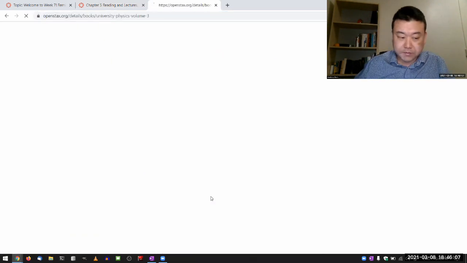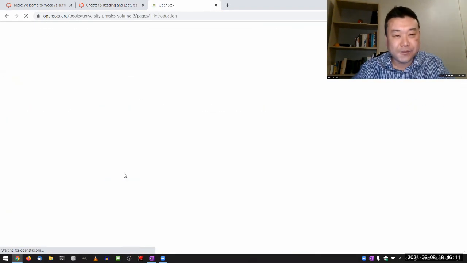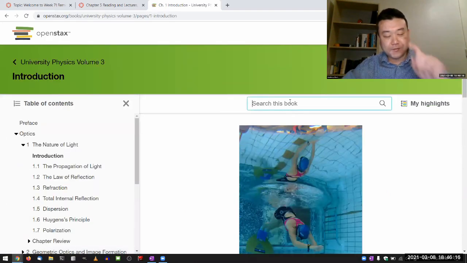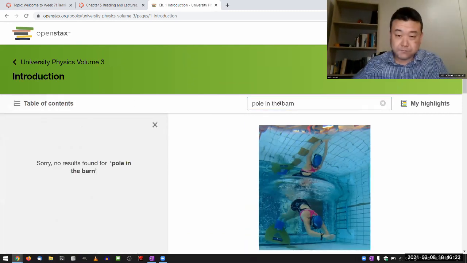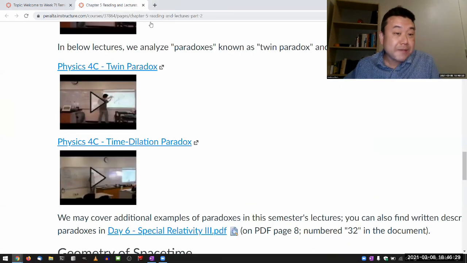I probably should have checked. If it does, then I will do it in the context of what the textbook already does. Let me just put in the word barn. No, so your textbook might not. So let me just do that.